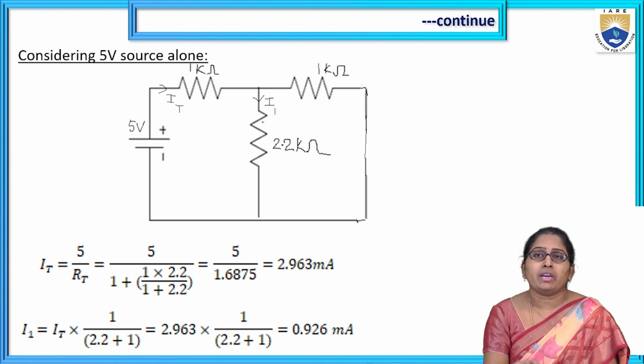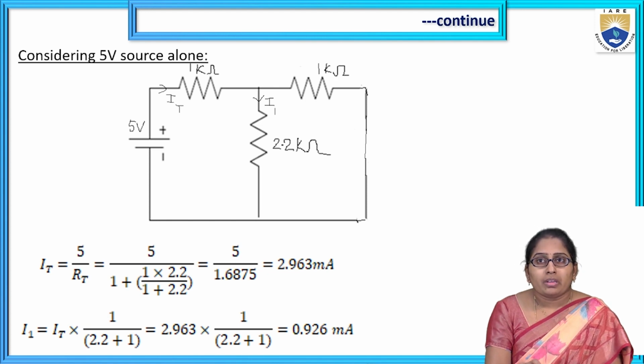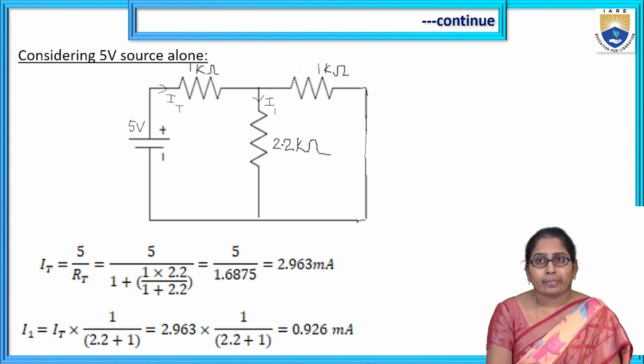So one source we are considering is in operation, and the current response is I1. Okay, now how to find this I1? Here again we need our basic circuit analysis knowledge, how to solve this circuit to find this current I1.